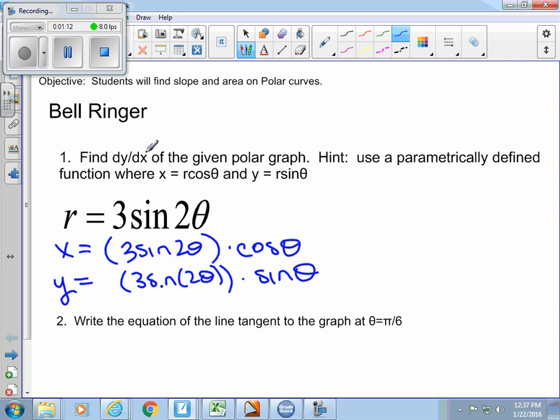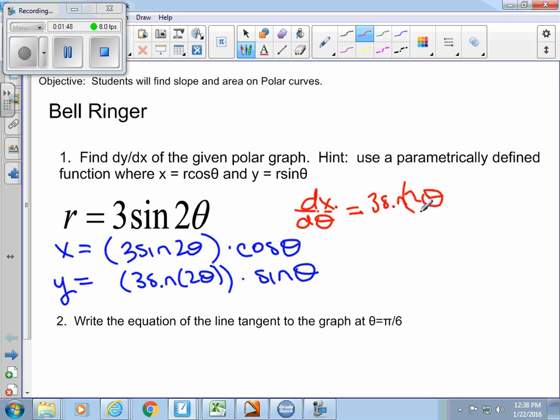Why is it pretty nasty? Product rule and chain rule on the d left. So we'll do it. No derivative should scare you at this point. dx d theta is left d right.